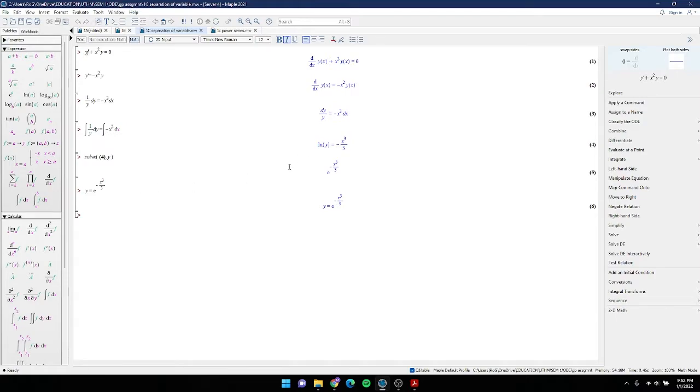Y is exponent of ln y, it can be eliminated, ln and exponent, so it will be y. So the final answer is y equal to exponent of negative x power of 3 over 3 plus c. Okay, that's all for question 1c part 1.